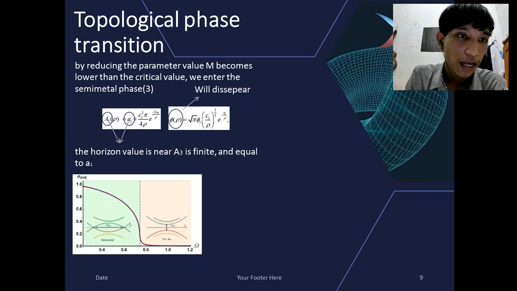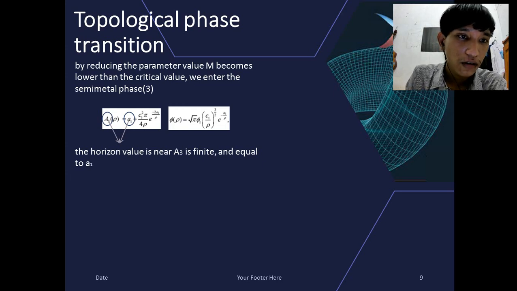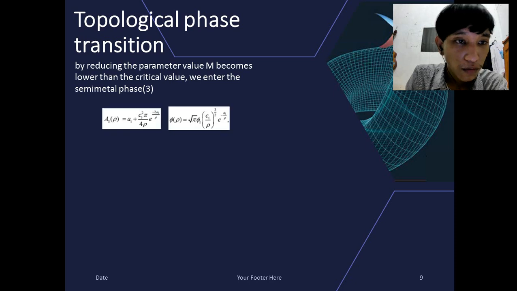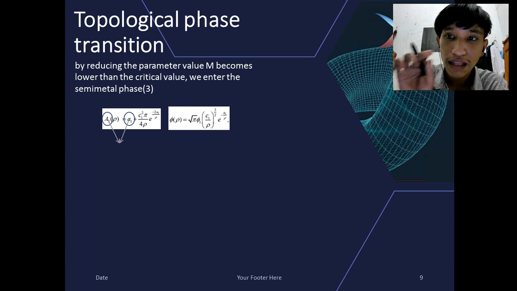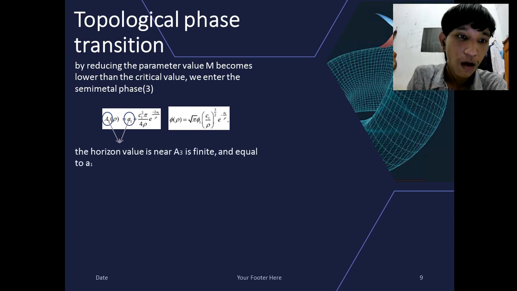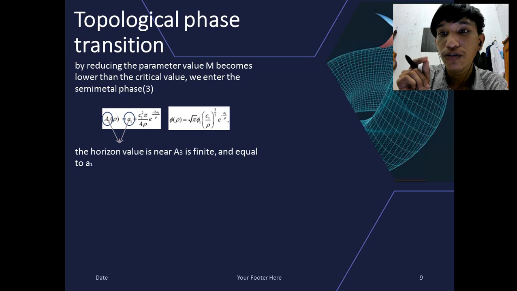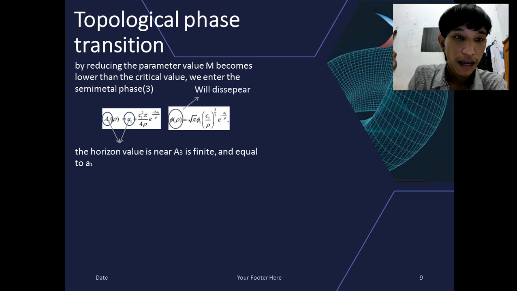So you can see the two equations for A3 and A1, with the relationship that the horizon value of A3 is finite and A3 is equal to A1. And you see for the right equations, psi and rho will disappear in the calculation.